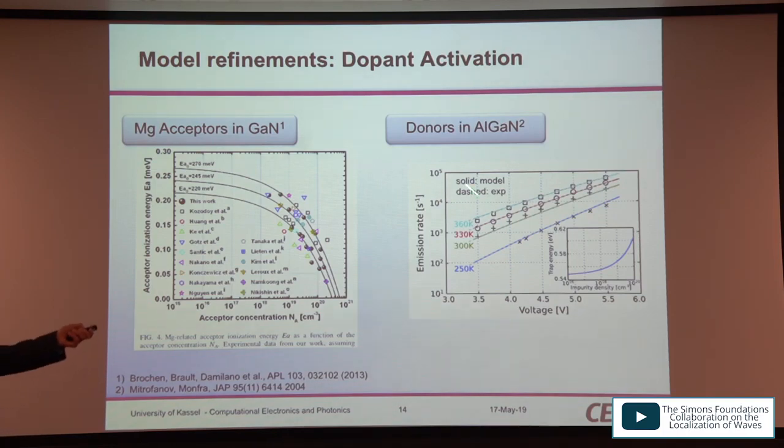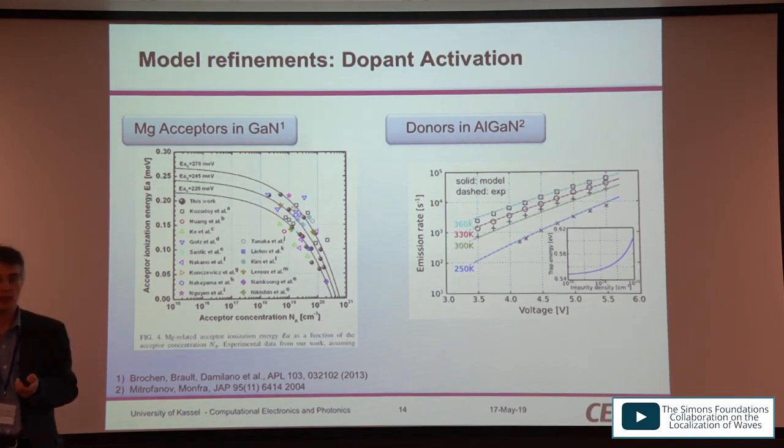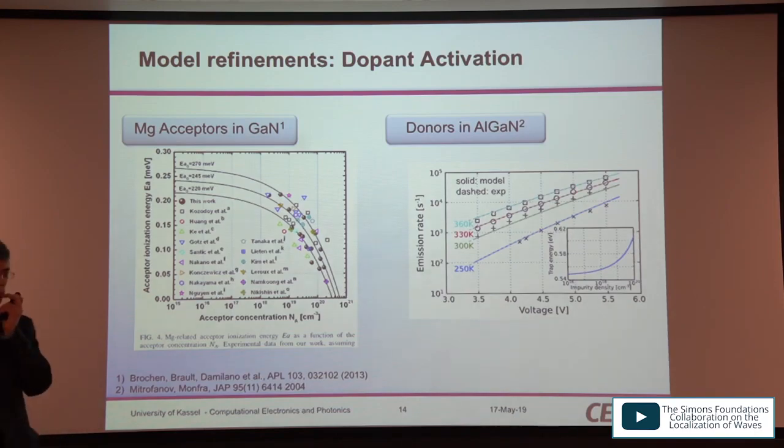Now on the right-hand side, you see the donors in argon and emission rate versus voltage. This is basically the Poole-Frenkel effect. And we have taken experiments from this paper, and the solid lines are our model that we have developed for this. And now you could say, why am I talking about this?